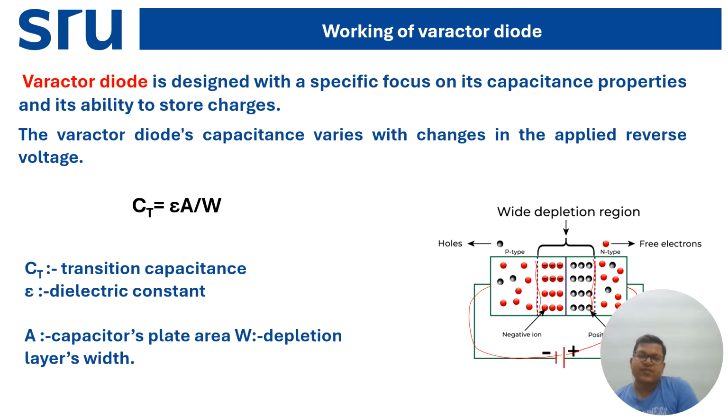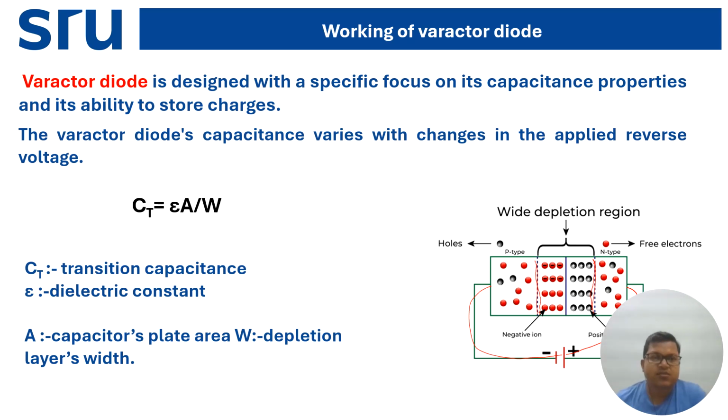That means this is reverse bias, so the depletion region has been extended. When this extends, because the depletion region actually works like a parallel plate capacitor, as per the formula the capacitance also changes.